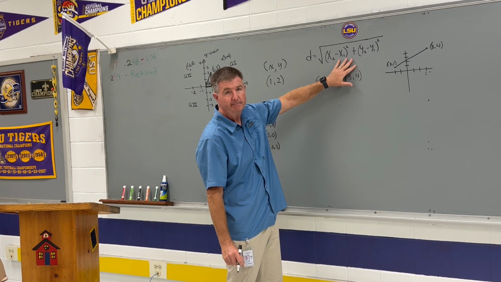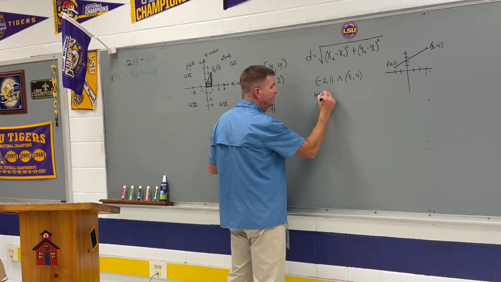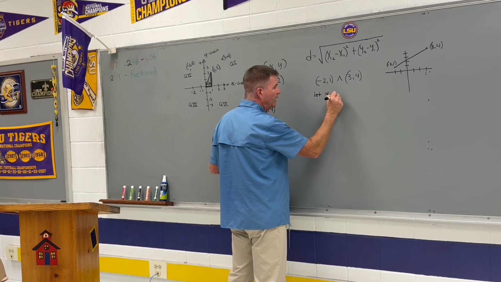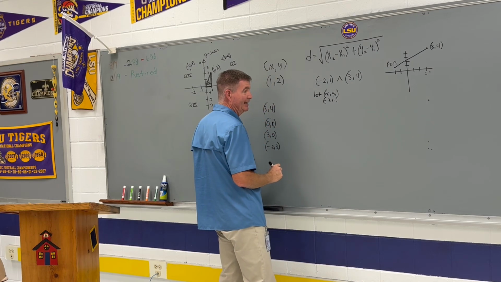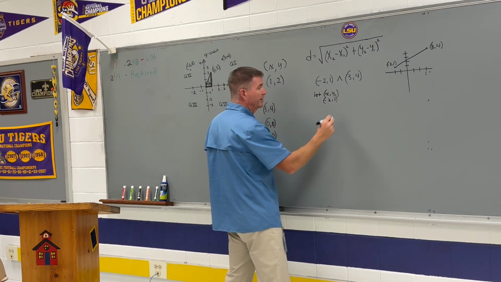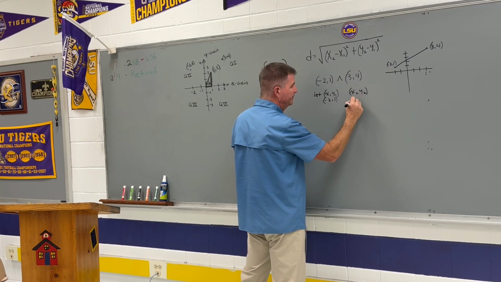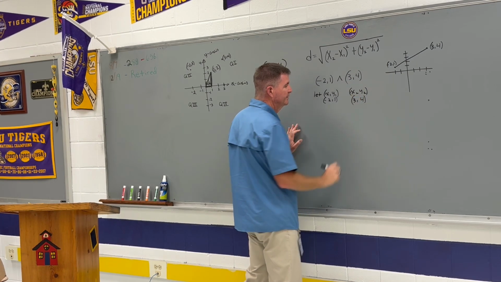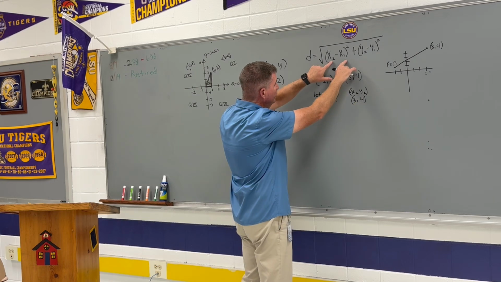We plug them in. So we're gonna let x1, y1 be the (-2, 1). Again, we just designated that as the first point. We're gonna let x2, y2 be (3, 4). So now we know what numbers to put into the formula.